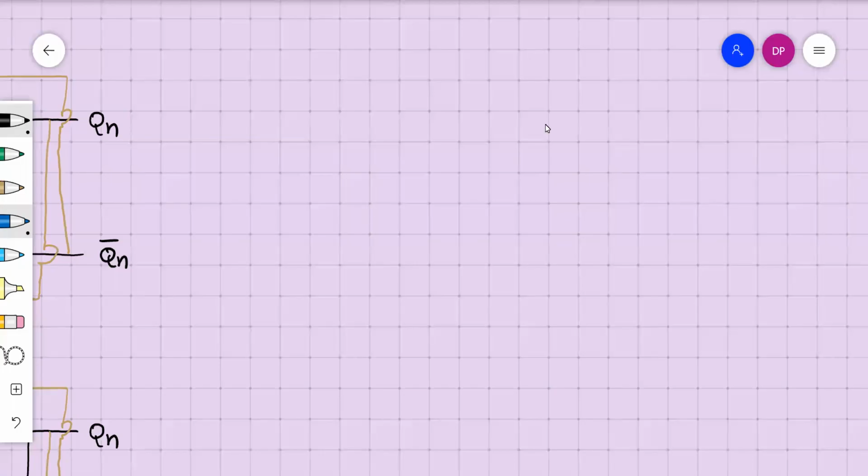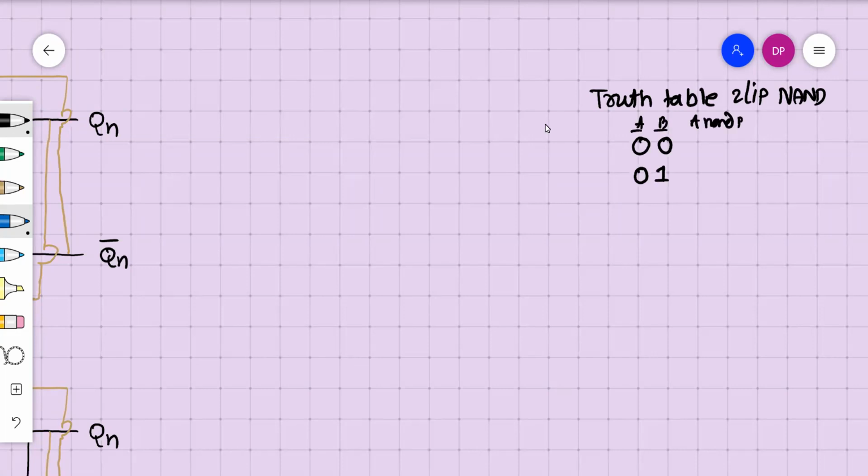Let's write the truth table for a two input NAND gate. You can say this is A, this is B, so this is A NAND B. When both are 0, the output is 1. When any of the inputs is 0, the output will be 1. When both the inputs are 1, the output is 0.